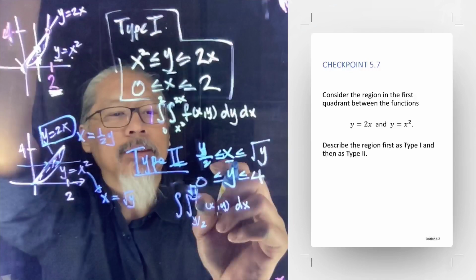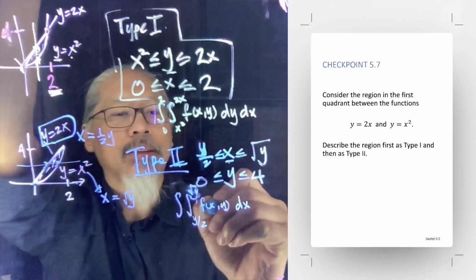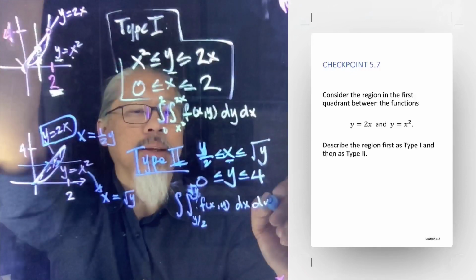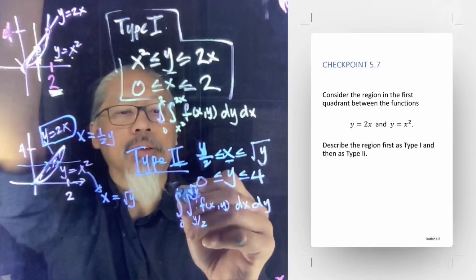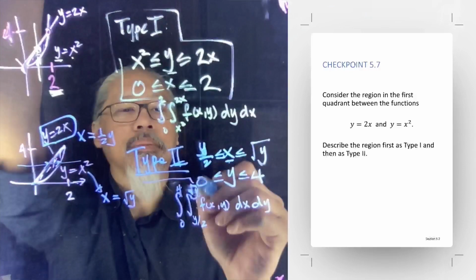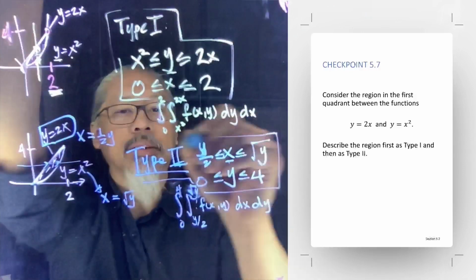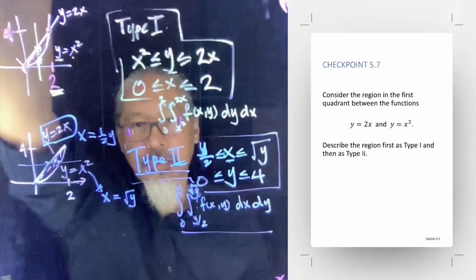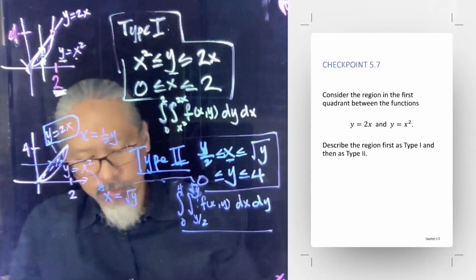And then let's be careful with the way we write this. Okay, and then the dy goes from 0 to 4. Constant limits on the outside. Okay, so this is the type 2 region, and this is the type 2 resulting integral.